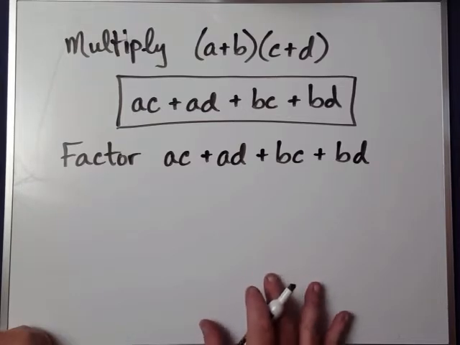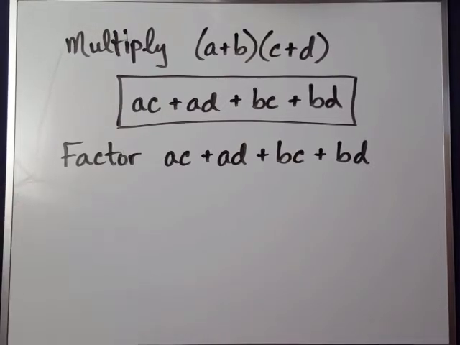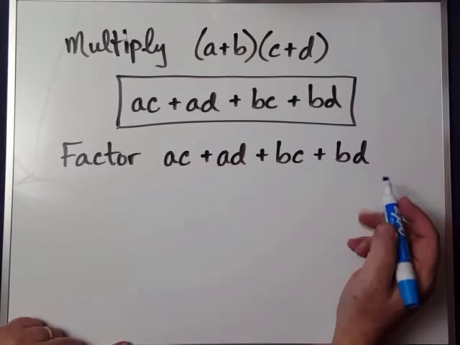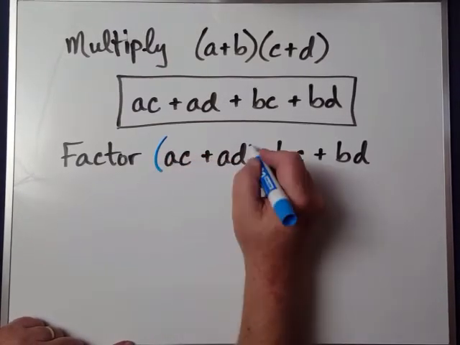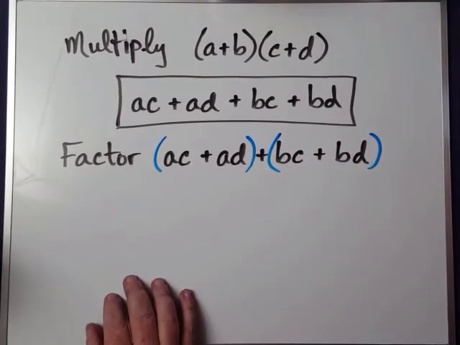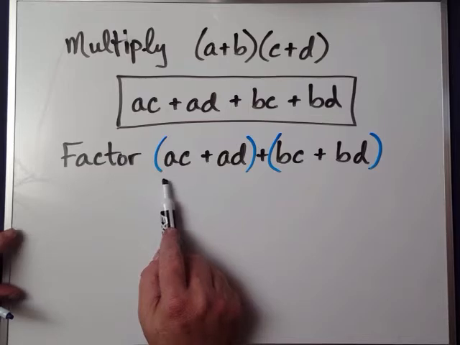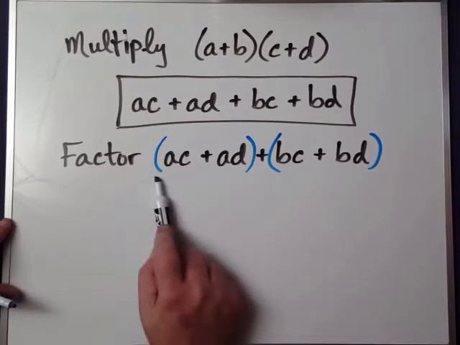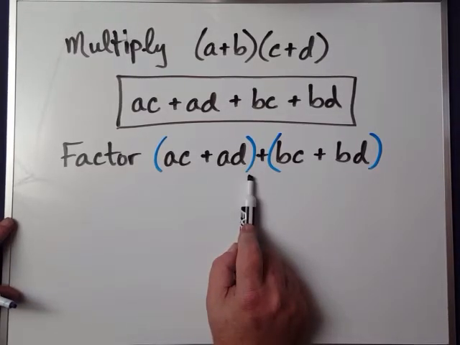Factor by grouping works like this. We know that addition is associative. So I can group this however I want. I can group the first pair, and I can group the second pair. Let's look at just the first pair and factor out a greatest common factor.